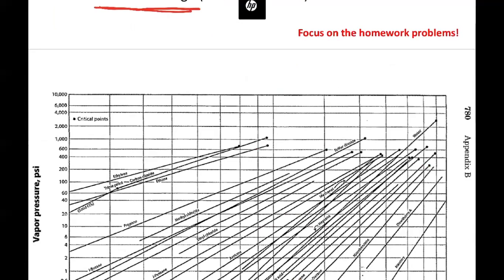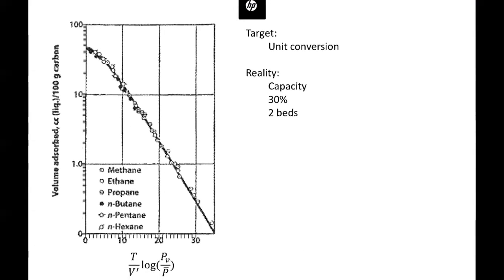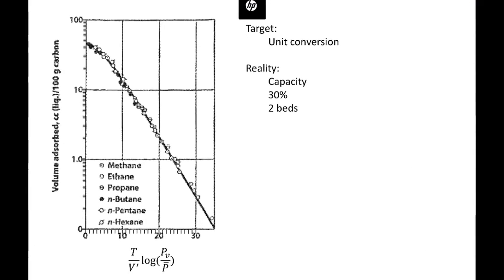Okay, so an example can be here, right? Our target is to remove a certain amount of VOC from the flue gas stream. We normally will provide the concentration of these VOCs in the flue gas and also the volumetric flow rate, so we can calculate how much of these VOC we have to absorb.